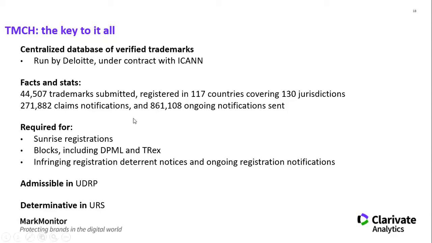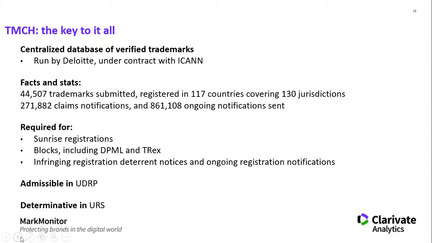The TMCH is admissible in a UDRP, so if you're going to file a UDRP for an infringing domain name, it is relevant evidence that you have rights in that name if you have a trademark clearinghouse filing, and then it's determinative in the URS, which we'll talk about a bit more in just a moment.